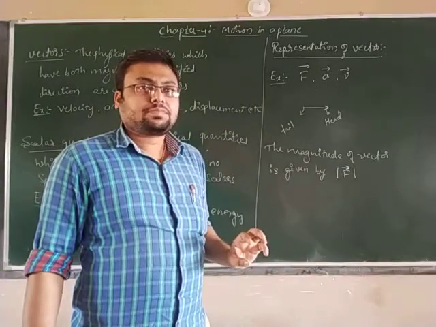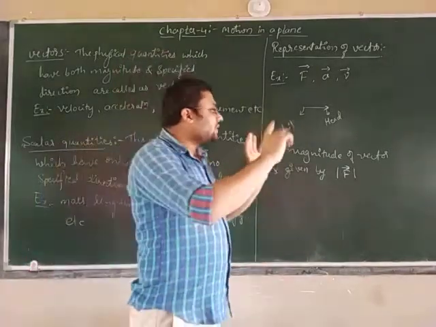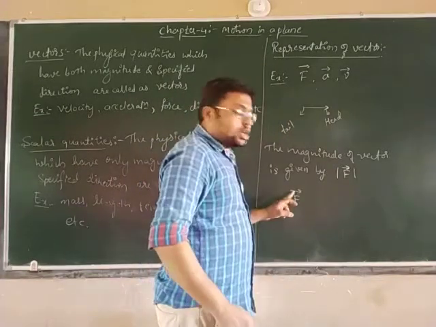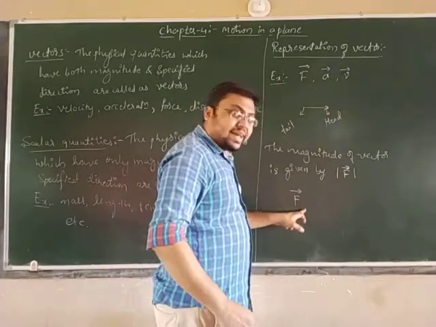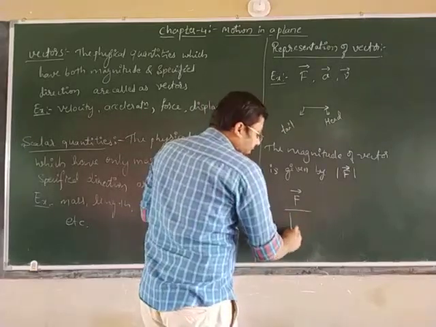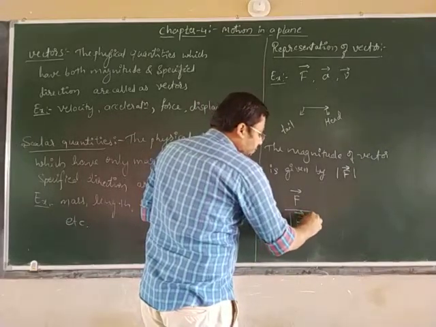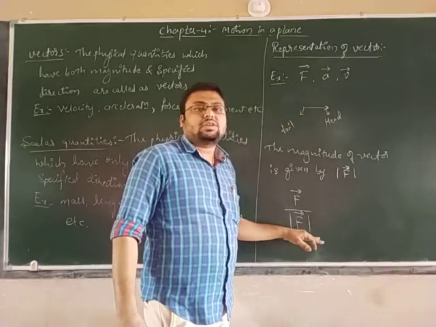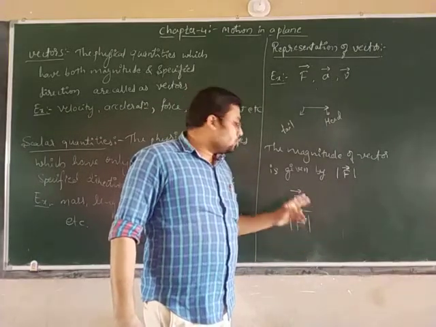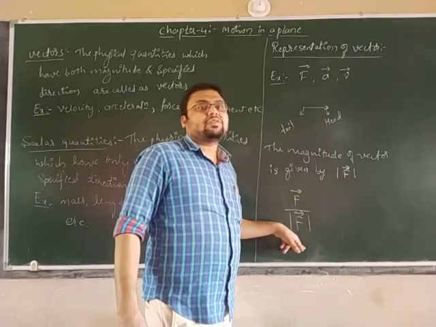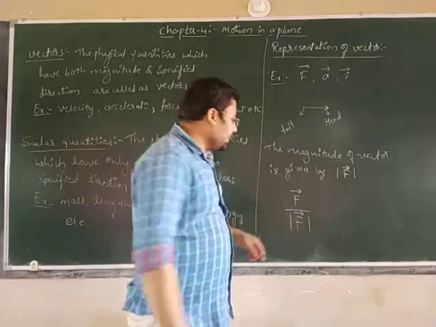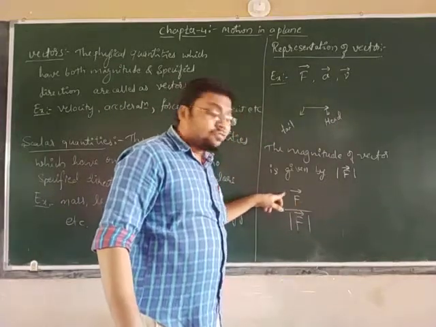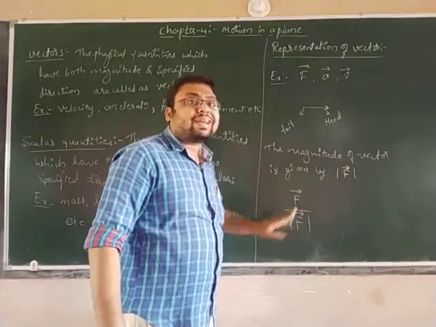Is it clear? Now look here. If I write the vector F, it includes both magnitude and direction, divided by the modulus of vector F, which has only magnitude. So vector F divided by the magnitude of F: the magnitude in the numerator and the magnitude in the denominator get cancelled.